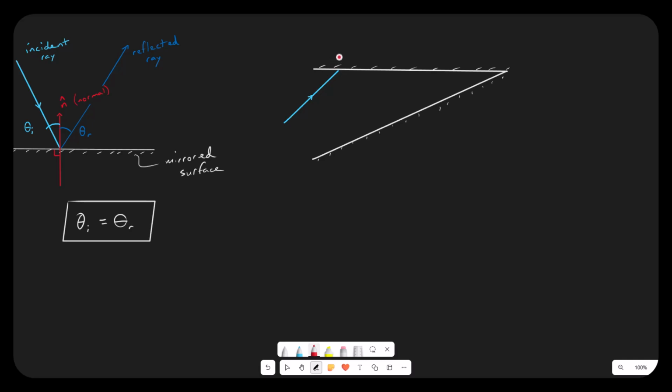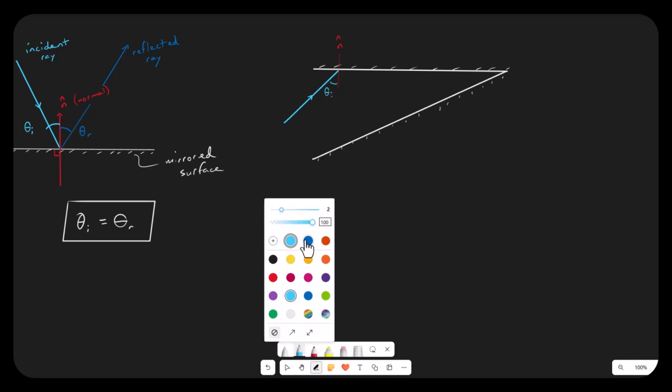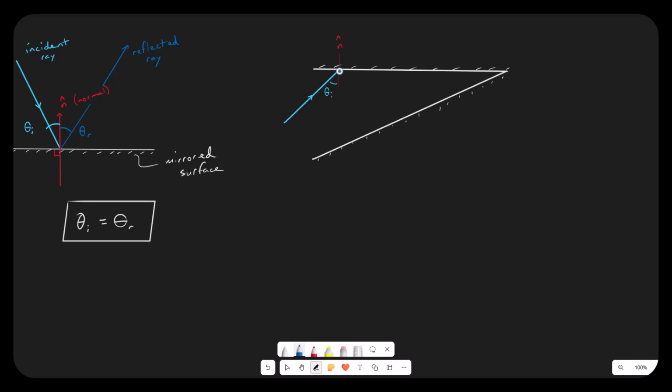So I'm going to draw my normal vector. And here's my incident angle. And this thing is going to reflect off. Like this.